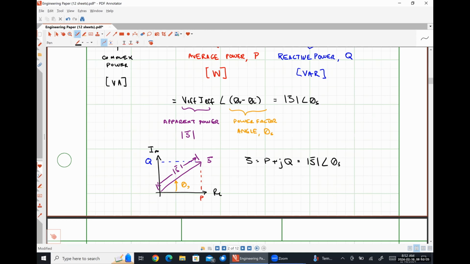It contains some resistance and some positive reactance, which is just inductance. If this were instead flipped down about the horizontal axis, this would be indicative of a capacitive load, because it is supplying reactive power.